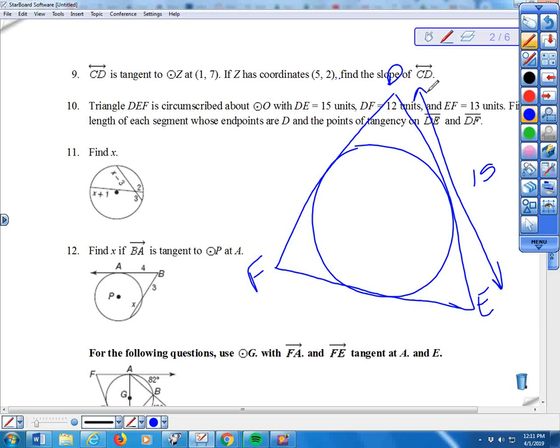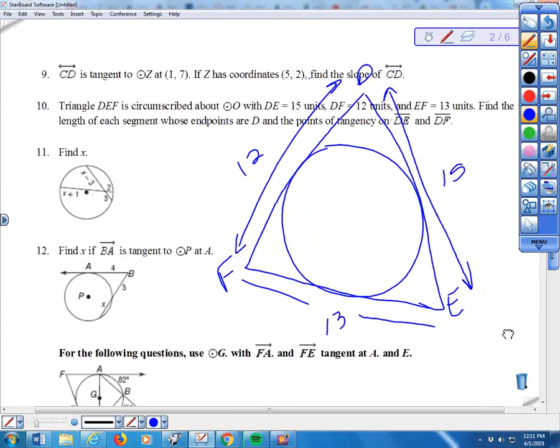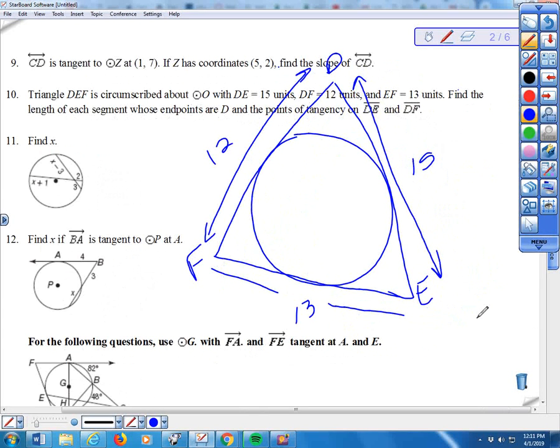DF is 12 units. And EF is 13 units. Find the length of each segment whose endpoints are D. So it wants this piece and this piece. It goes from this point to this point.